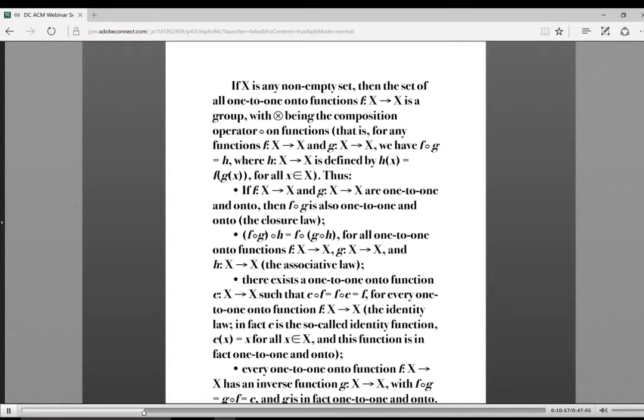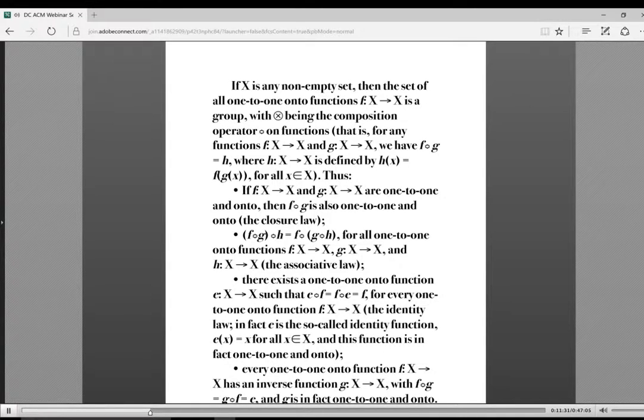That's the associative law. Number 3, there exists a one-to-one onto function e from X to X such that e circle f equals f circle e equals f for every one-to-one onto function f. That's the identity law. In fact, e is the so-called identity function defined by e of x equals x for all x. And this function is in fact one-to-one and onto.